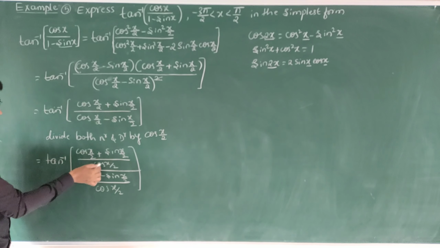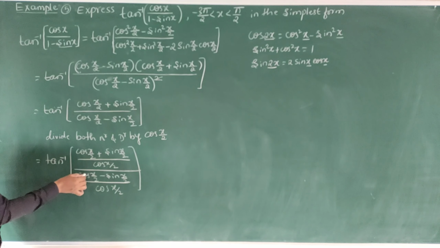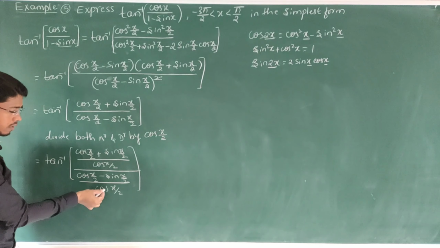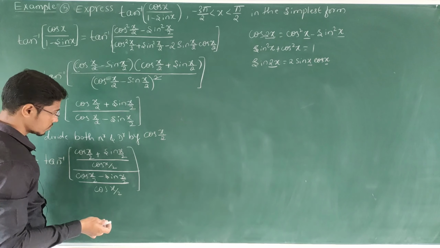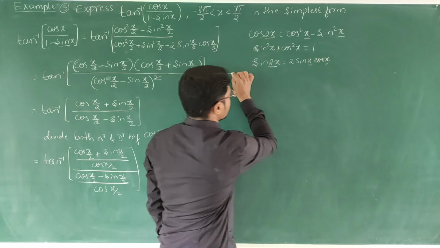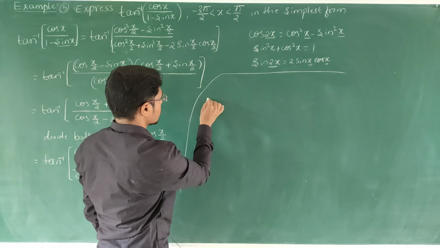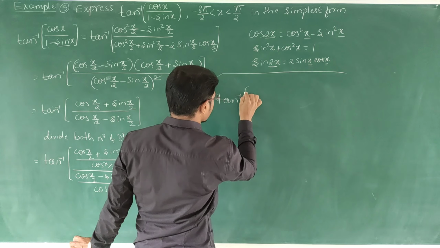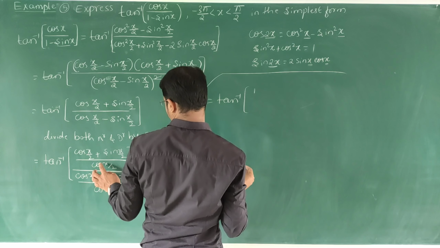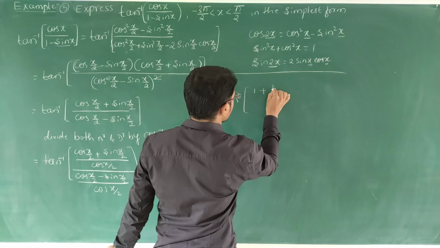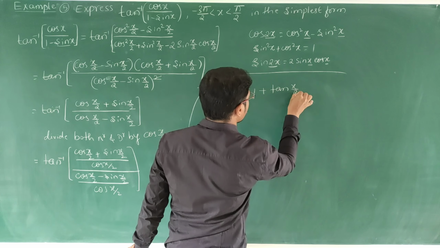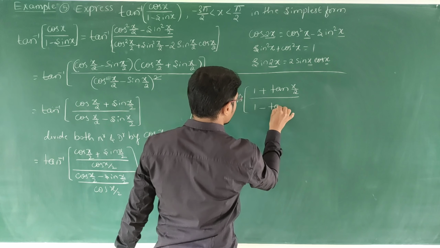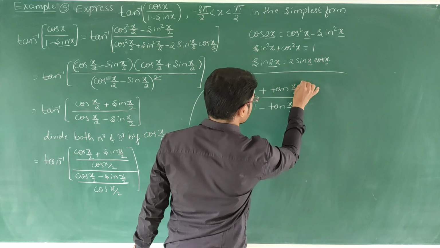It will divide to both the terms. Cos by cos is 1, sin by cos is tan. Cos by cos is 1, sin by cos is tan. So this is equal to tan inverse of, numerator cos by cos is 1, sin by cos is tan, 1 plus tan x by 2, divided by cos by cos is 1 minus sin by cos is tan x by 2.